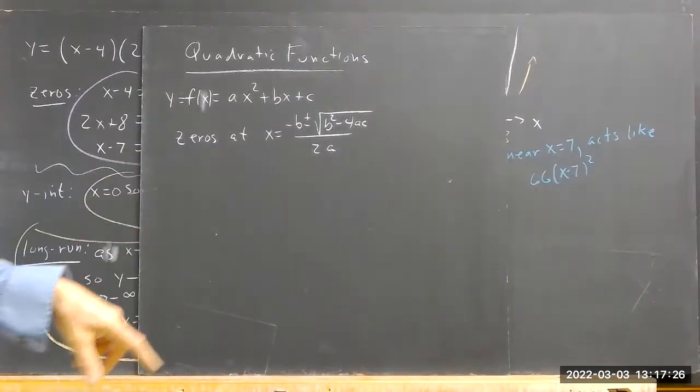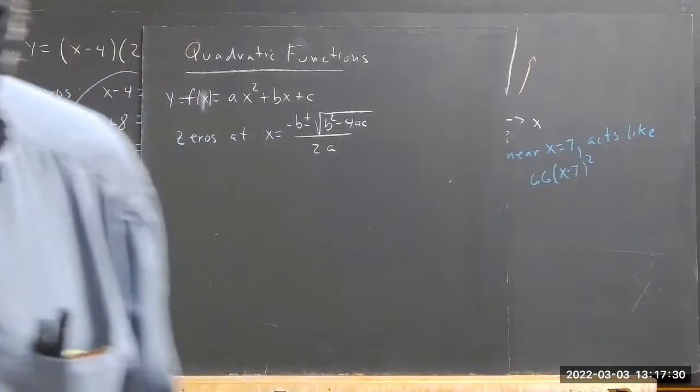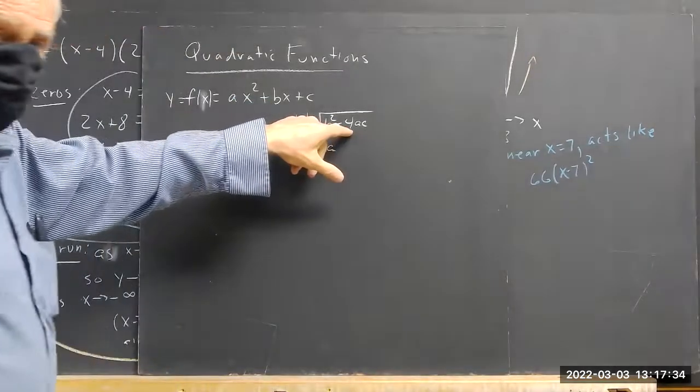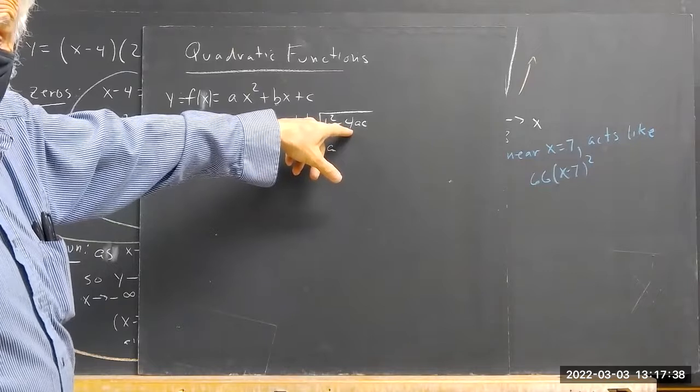You have zeros here. You don't necessarily have zeros, because, of course, you could get a negative under the square root, so you wouldn't have any real numbers that give you 0, right?